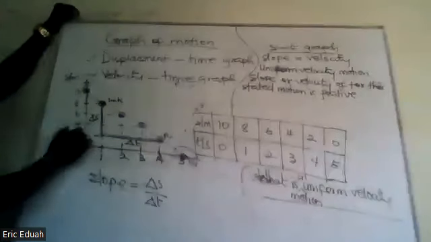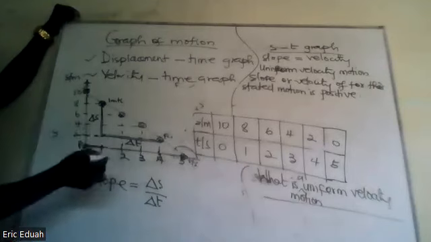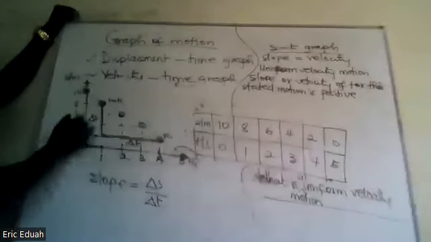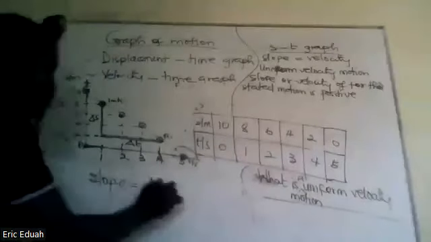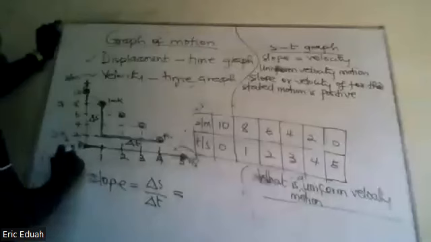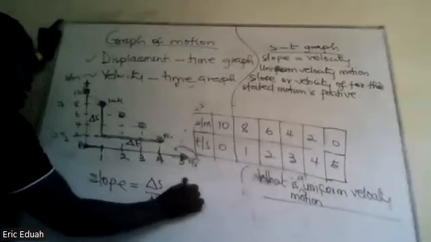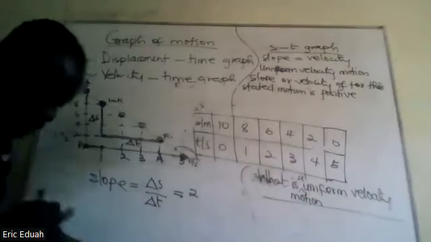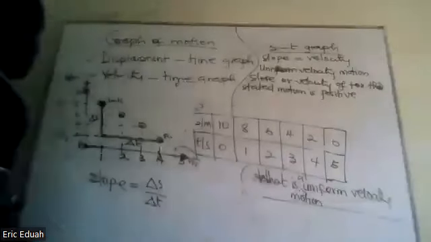But we are always looking for y2 minus y1. So this becomes our y2, whereas this becomes our y1. Do you see it? So y2 is equal to what? We are looking for the slope.